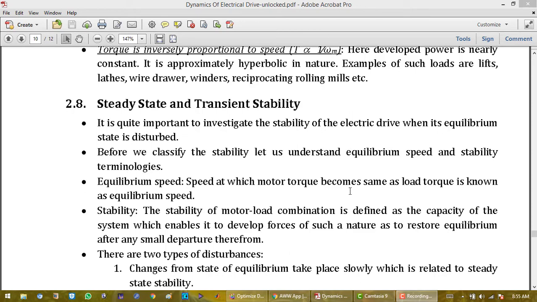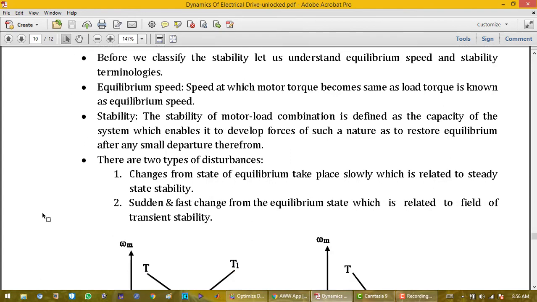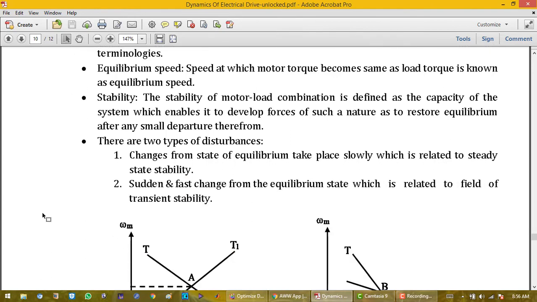If a disturbance occurs, the equilibrium position shifts, but some forces will return it to the equilibrium position. If it returns to that equilibrium position, then the system is stable, otherwise the system is unstable. If the change from the equilibrium state is slow, then it is steady state stability, and we have discussed that a sudden and fast change from the equilibrium state is transient stability.